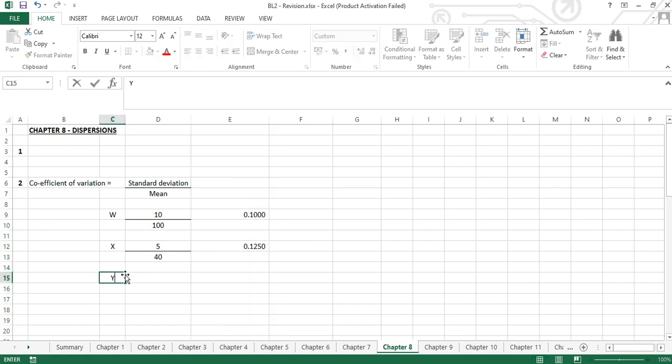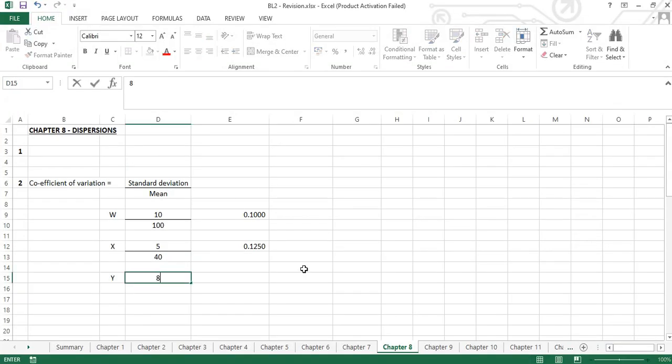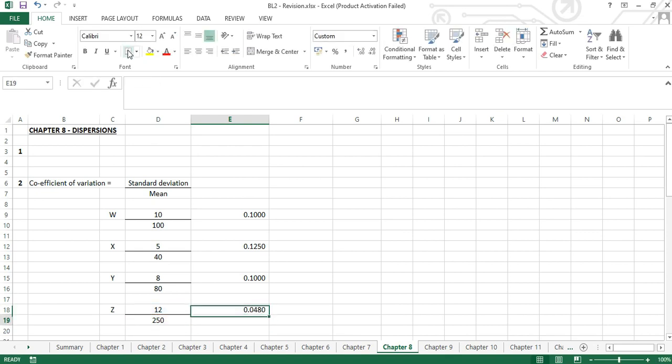Okay. And process Y, same thing. Standard deviation is 8 and the mean is 80, which will give us 8 divided by 80. And then process Z is where standard deviation divided by the mean, 12 by 250, is basically 0.048.